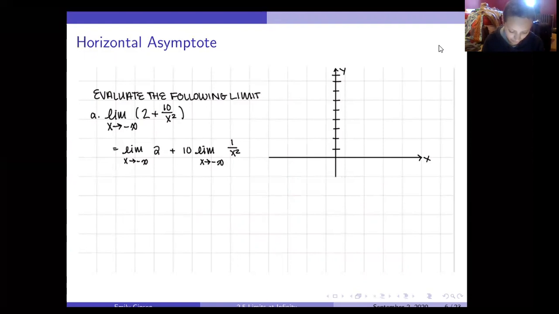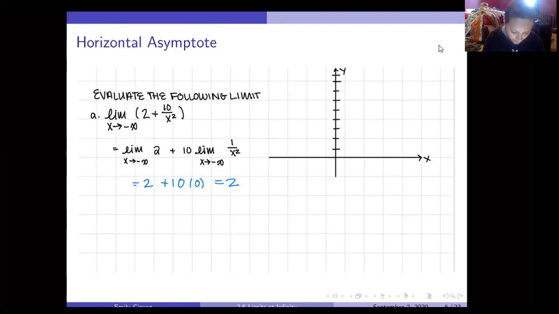Our first step is we use our addition rule from our limit laws, and we separate the limit as x approaches negative infinity of 2 and 10 times the limit as x approaches negative infinity of 1 over x squared. So the limit of a constant is just going to be that constant, plus 10 times the limit of 1 over x squared as x approaches negative infinity, which is 0. So our limit approaches 2.